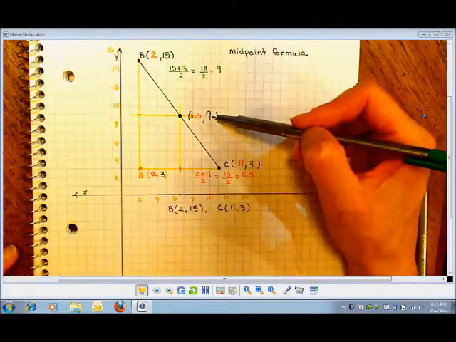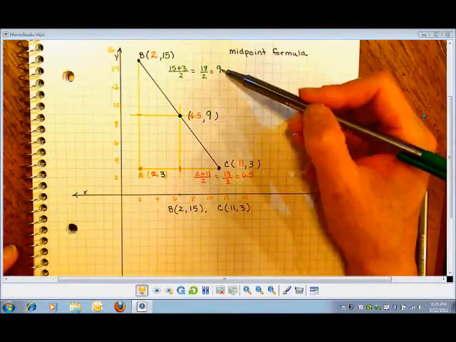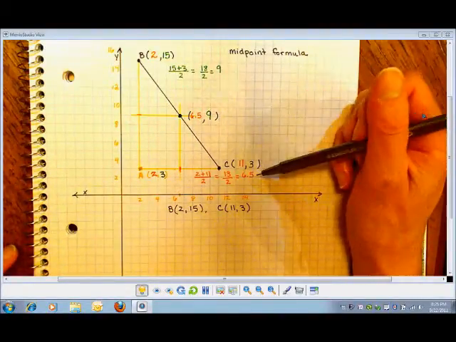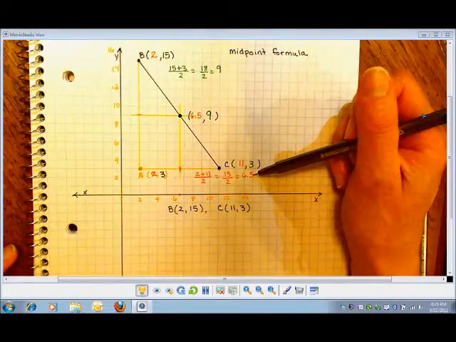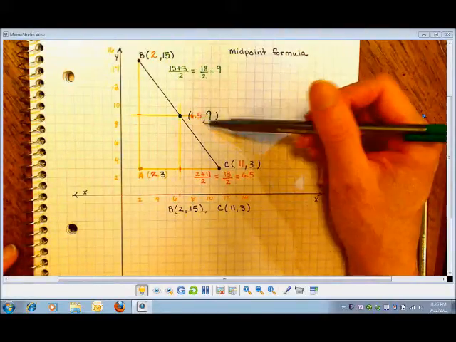Well, that looks familiar. So this is my y coordinate, and this is my x coordinate, which is in fact my midpoint.